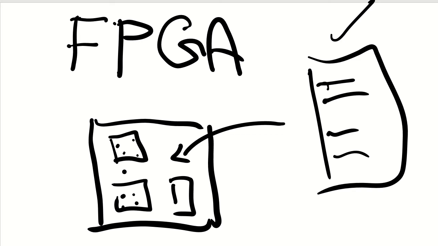That means that for a combination of 1s and 0s, you have different outputs. So that's what you have inside. Okay. So the code that you're writing is called Hardware Description Language, or HDL.